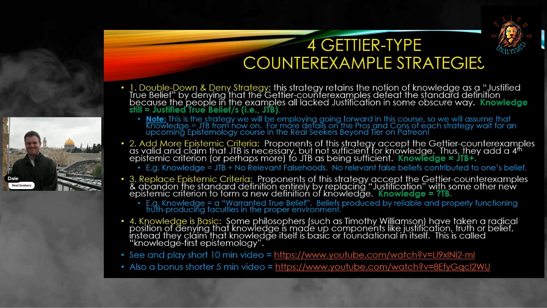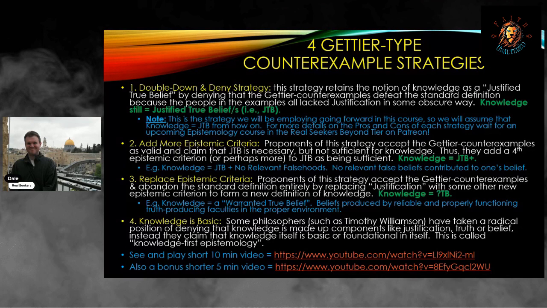Because in each of these counterexamples, we mistakenly think these people have justification, but they don't. Really, it's obscured. And if we really got into the weeds, we would realize David Russell is totally unjustified in believing the Leafs won against the Rangers on the basis of what he saw on the TV recording. So that's the first strategy.